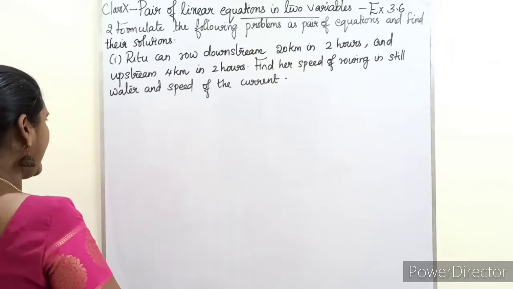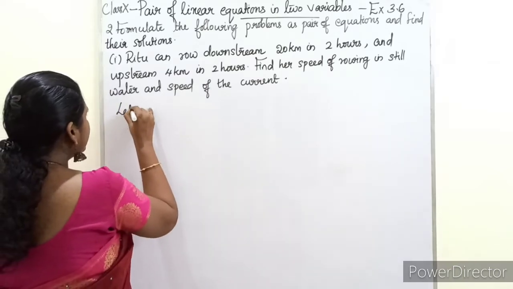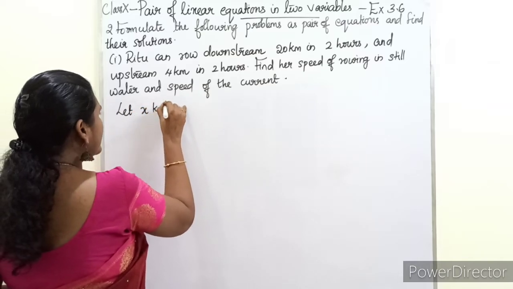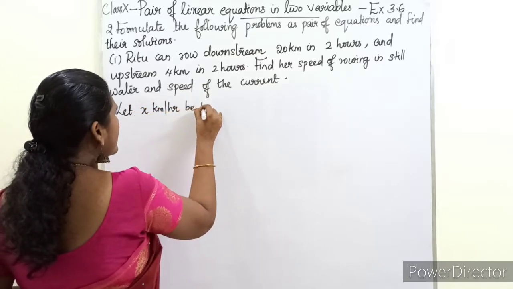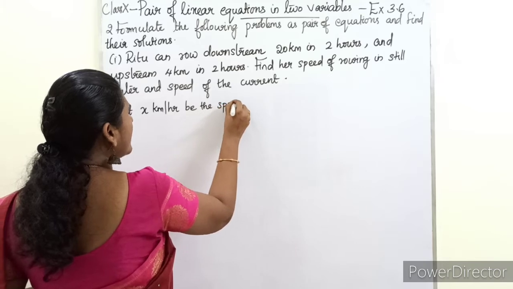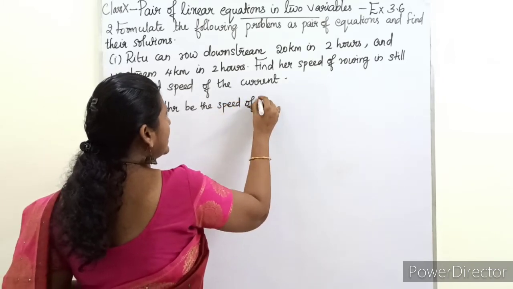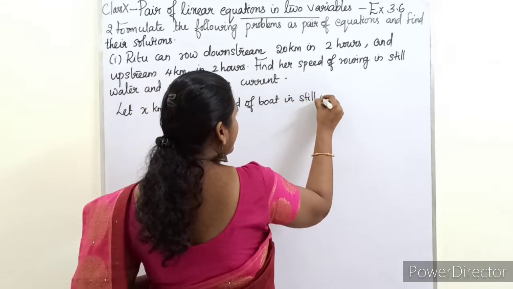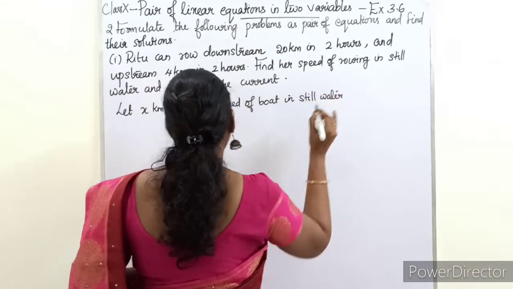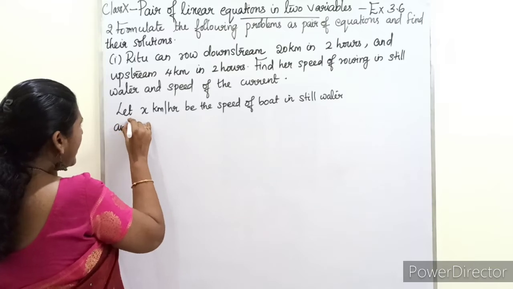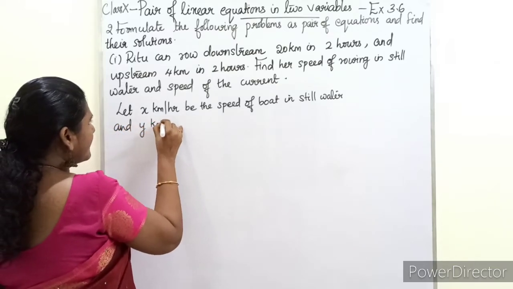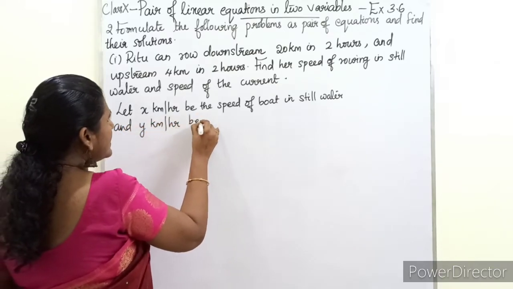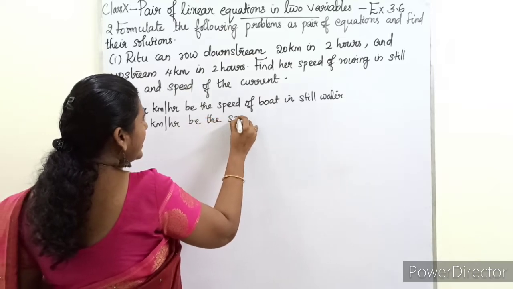So we will write: let x kilometer per hour be the speed of the boat in still water and y kilometer per hour be the speed of the current.